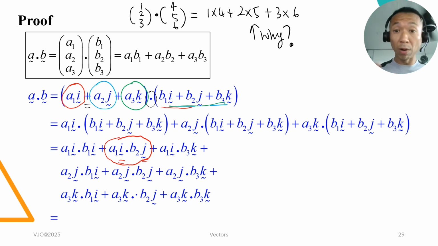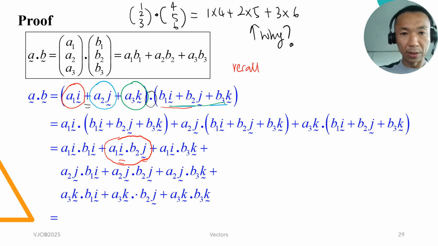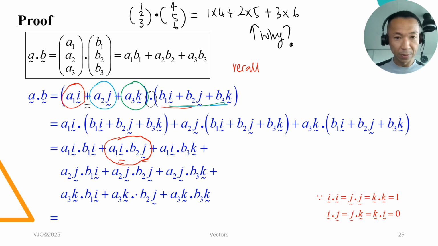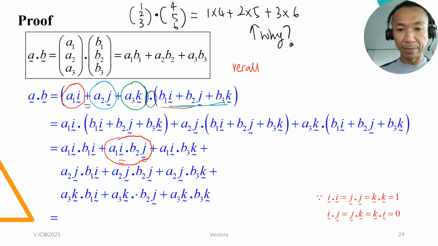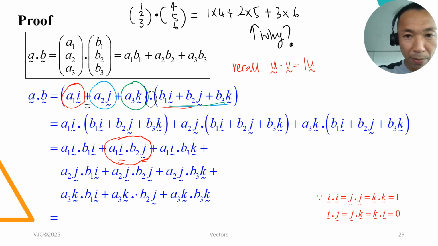Let us recall, if A and B are perpendicular... Ignore the red one for the time being. Let's recall U dot V equals mod U mod V cosine theta.